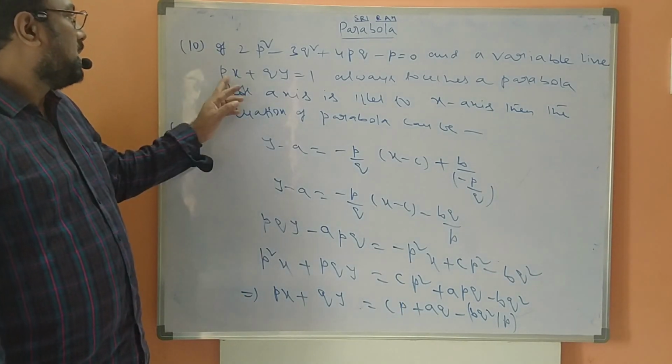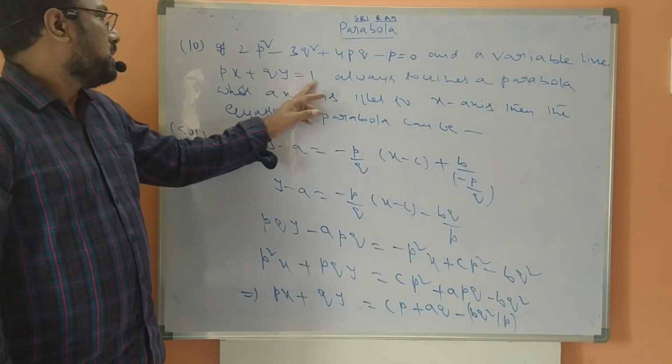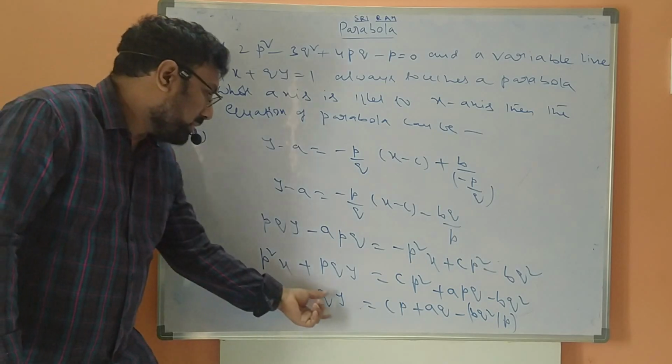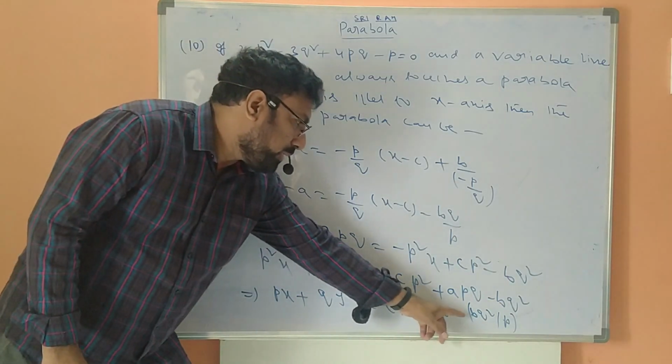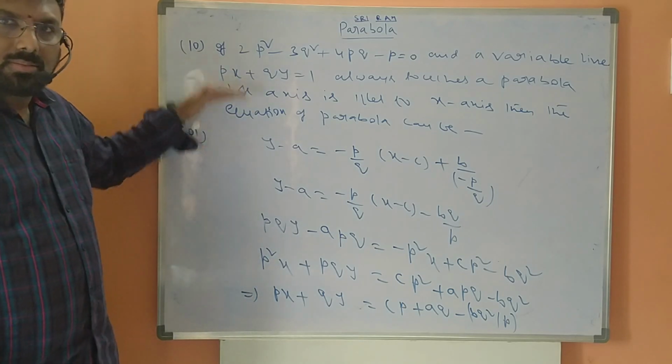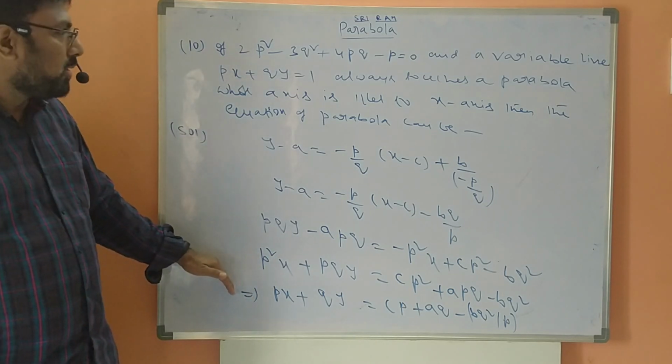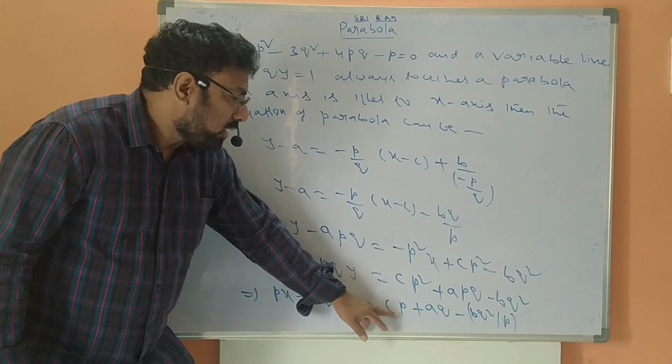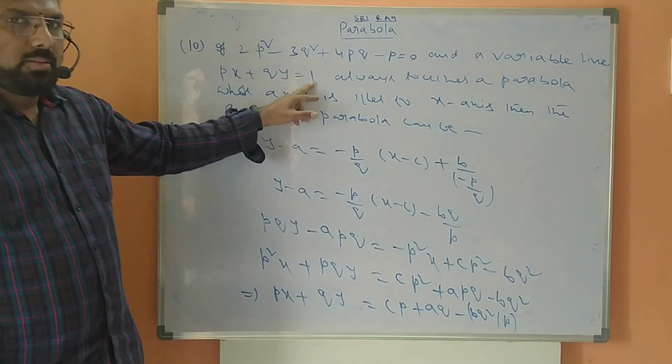Now look at this. px plus qy is equal to 1 here, and here px plus qy is equal to cp plus aq minus bq square by p. Both are the same because both are tangents of the parabola. So directly you can equate this constant term to 1.